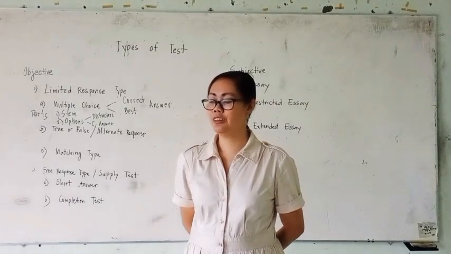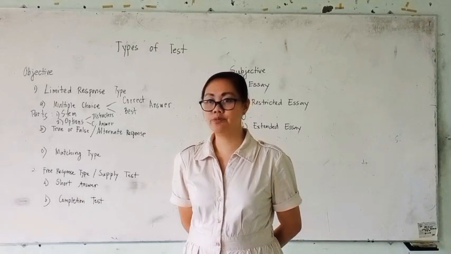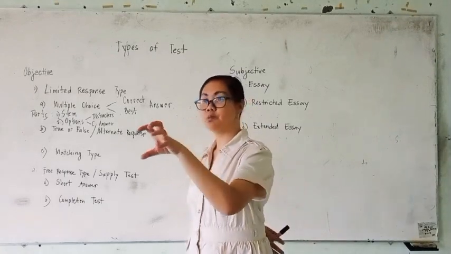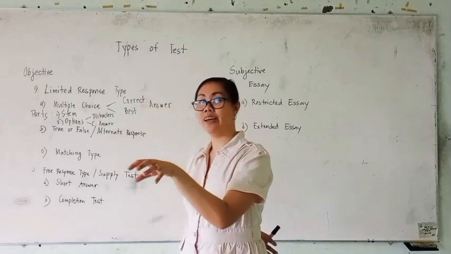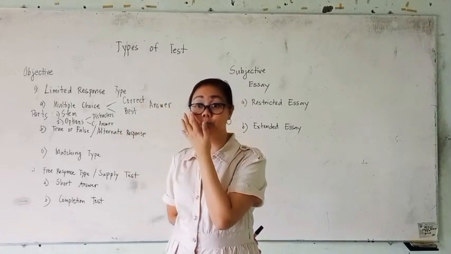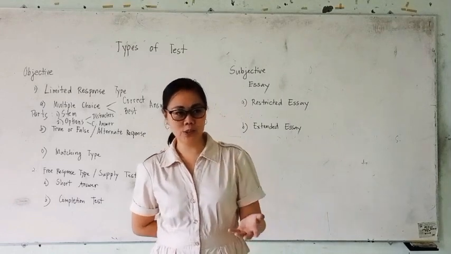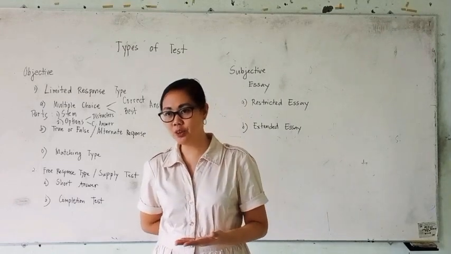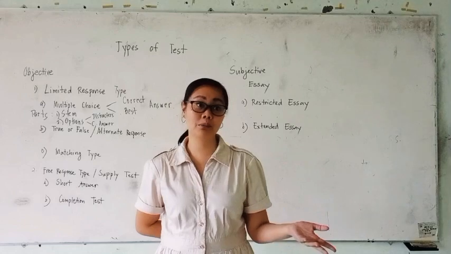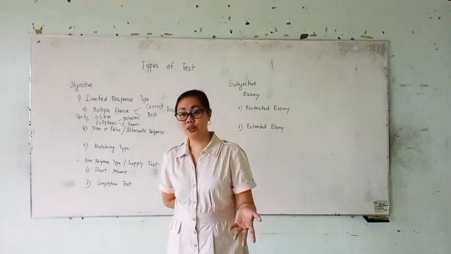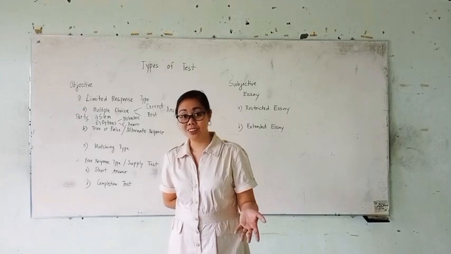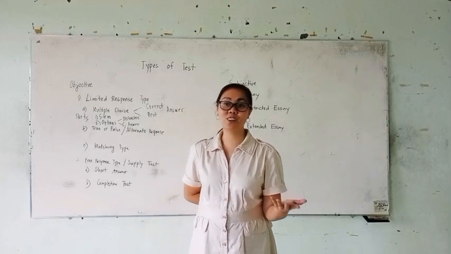For example, my most vivid childhood memory is blank. You are going to complete and supply kung ano yung most vivid childhood memory mo. Kung natatandaan ng iba, generation kasi namin yun, yung slam book. Kung nag-fill up kayo ng slam book, generation din daw ni Sir Arnold yun.